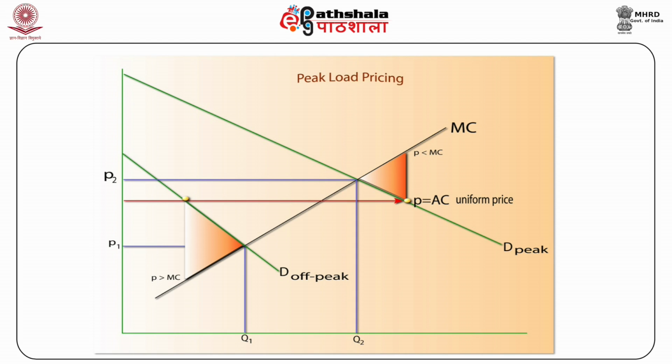The second condition is that the identification of different market segments with different elasticity of demand should be possible. This would help the producer gauge at least approximately the maximum amount different consumers are willing to pay for each unit of output. The third condition is that it should be possible to keep the different market segments separate and distinct.